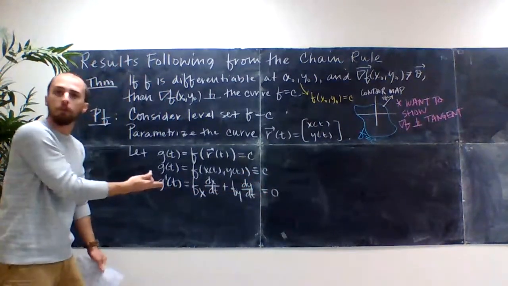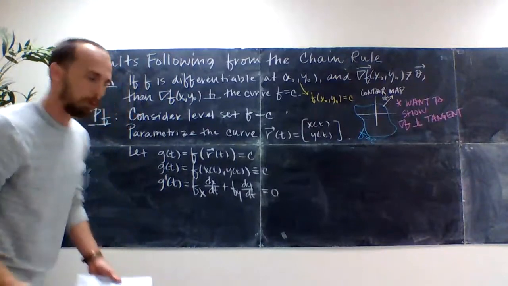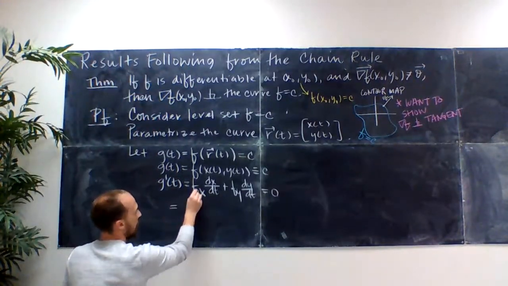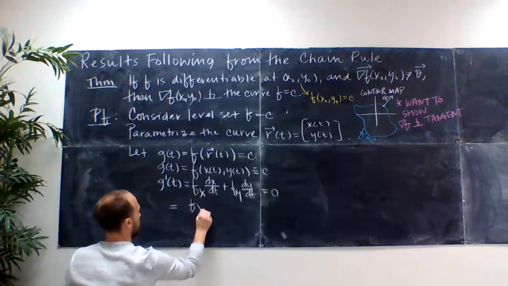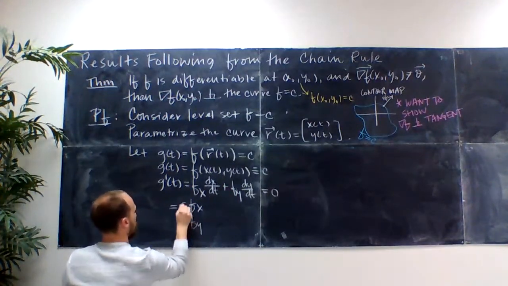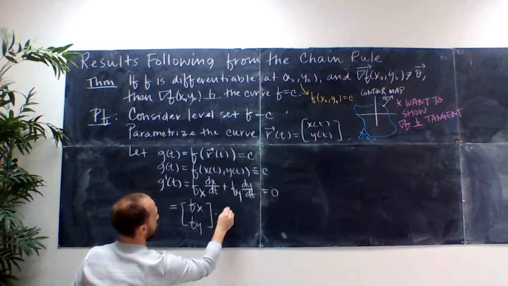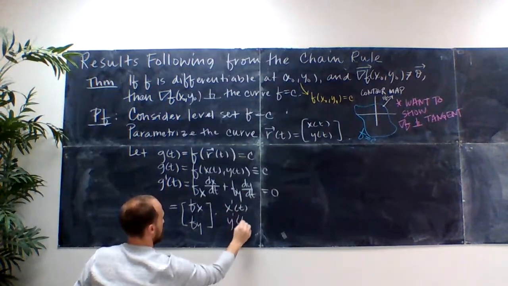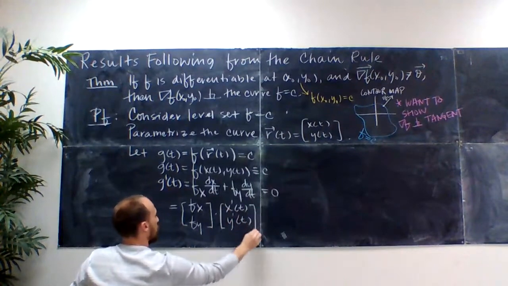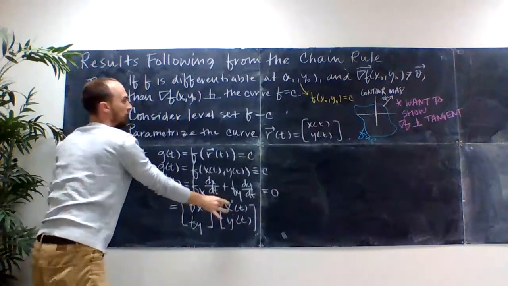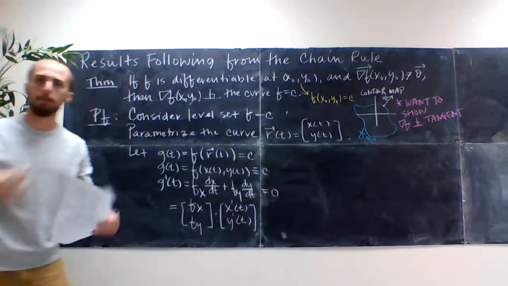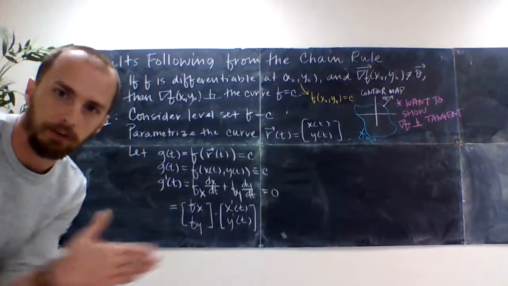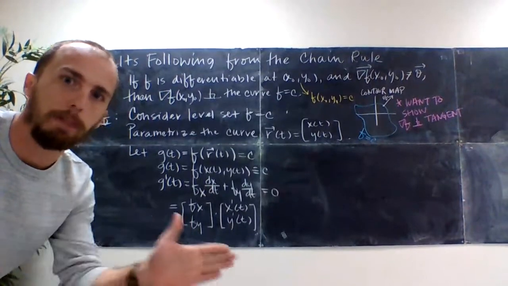Oh, look, that's a dot product. This is equal to fx, fy dotted with dx dt, dy dt. And notice that this is the derivative of r of t, this is r prime of t, and r prime of t is a vector that is tangent to the path of r of t.